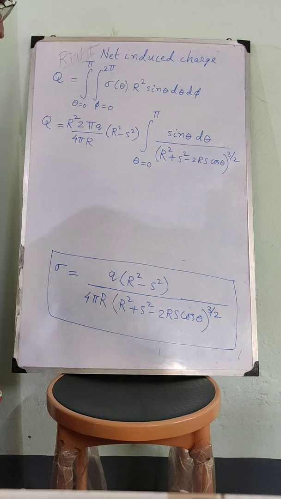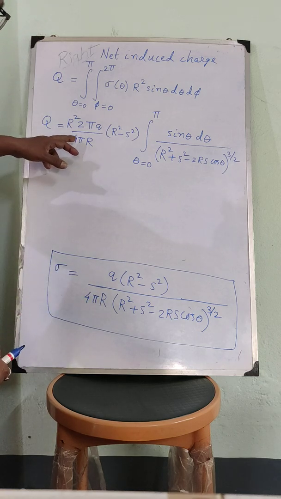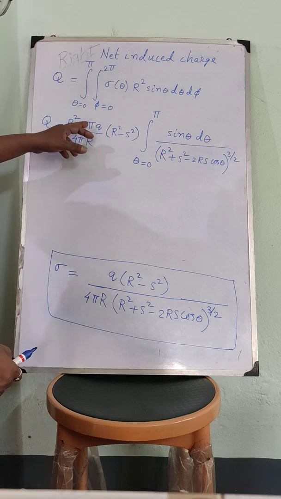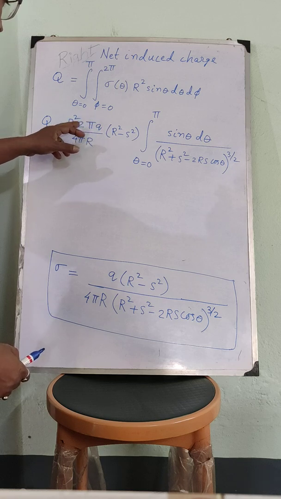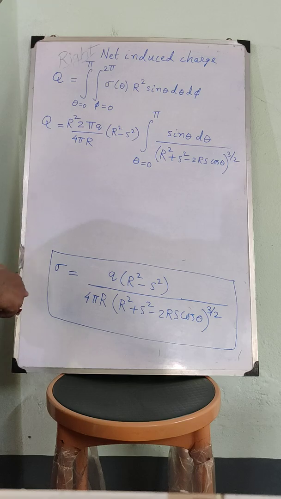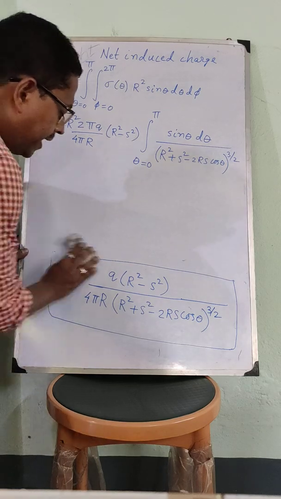So this integration we have to perform. Let me check whether I have taken all the terms. 4 pi R here, q here, 2 pi is coming from the phi integration, R² I have taken from here, and R² minus s². Okay. So it is correct.